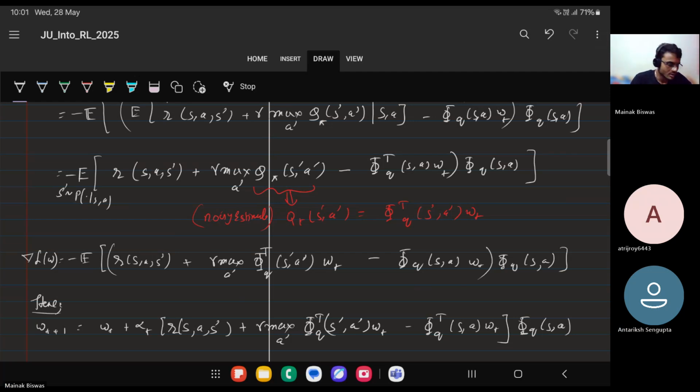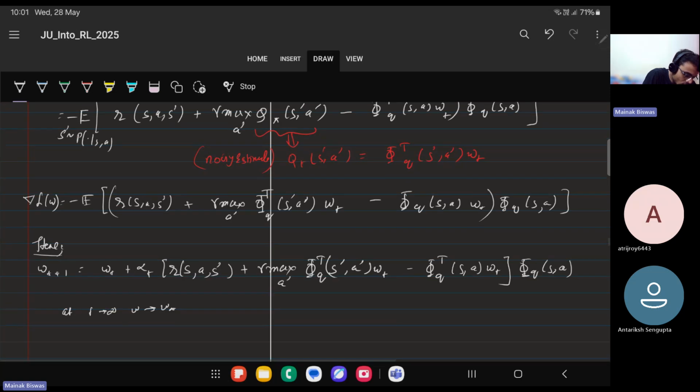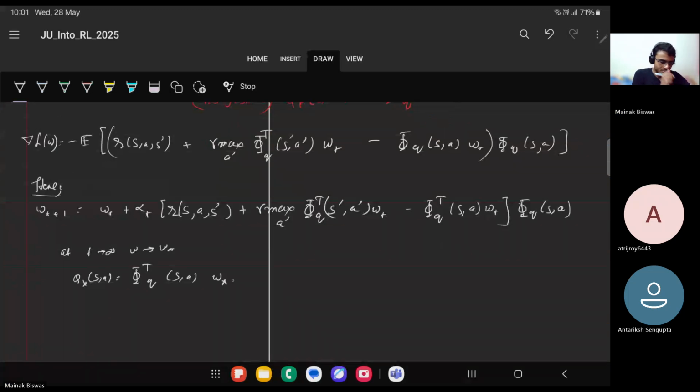Yes. So now as T tends to infinity, W tends to W star. Hence you get Q star is equal to phi transpose of S comma A times W star. So now if I ask you what is pi star of S, how will I get it?